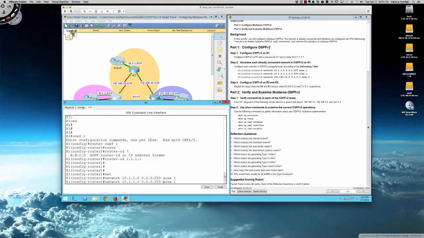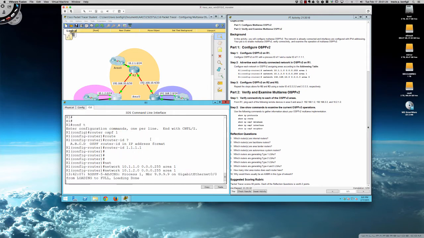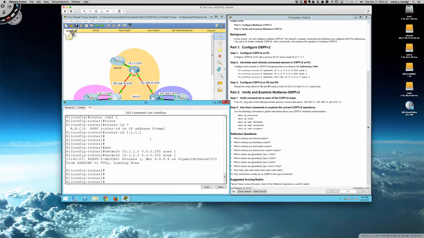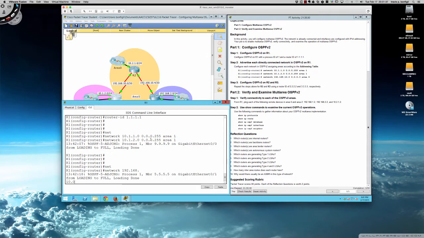Then we're going to come back and say network 10.1.2.0 with a wildcard mask of 0.0.0.255 for a /24 CIDR notation. And then the last one we're going to do is network 192.168.10.0, which is going to be a /30, right?